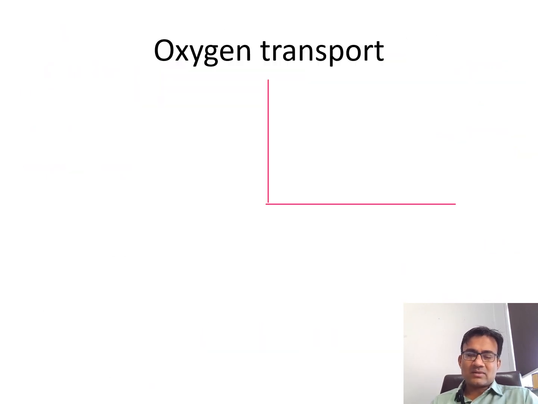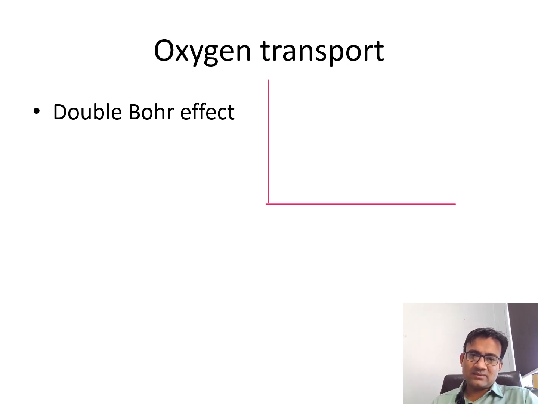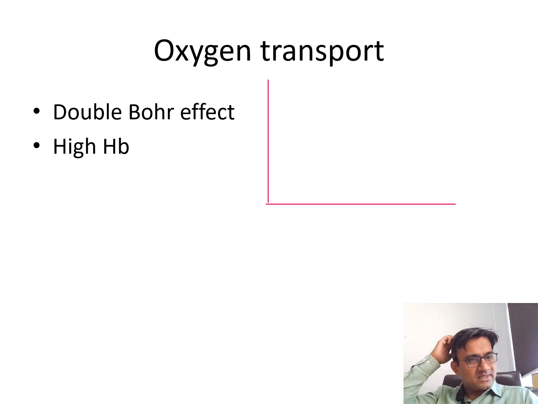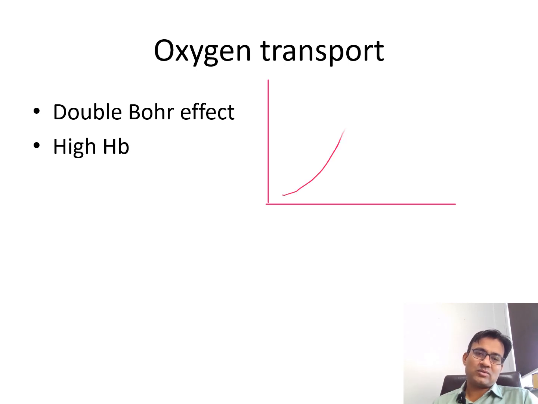But if you take oxygen transport, there are certain mechanisms in our body by which this transport is made possible. First is the double Bohr effect, which we will be studying in detail. Then, if you compare the fetus with the adult, it has a high hemoglobin concentration. Next is HbF.